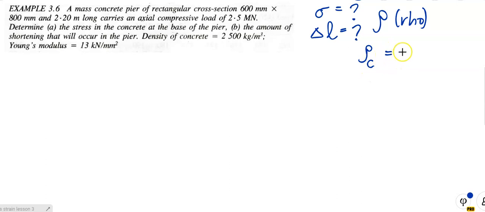That there is 2,500 kilograms per cubic meter, as given there, and the formula for density is mass over volume. That is why density is measured in kilograms per cubic meter. If we take the mass of something and divide it by its volume, we get the density of it.